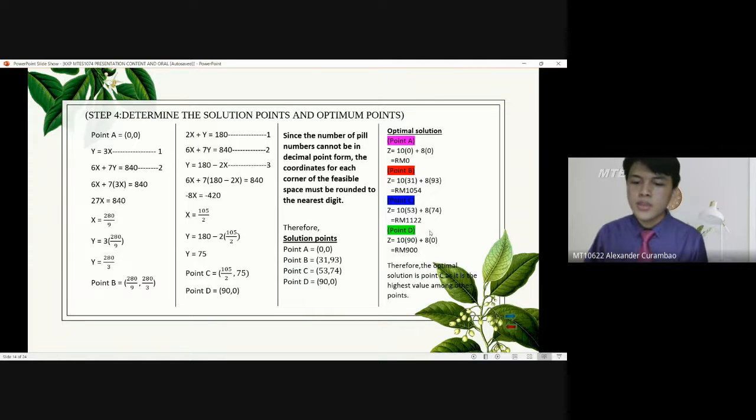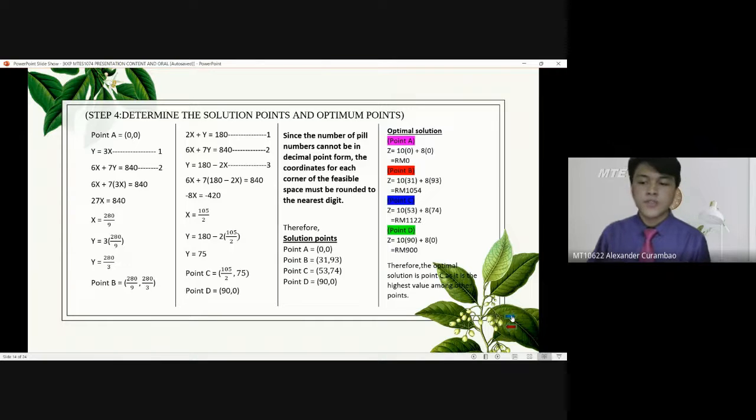And lastly, the point D is 90 and 0, then they will get 900 ringgit. Therefore, the optimal solution is point C as it is the highest value among the other points. So point C is the optimal point, or in other words, the maximum profit that they will get.